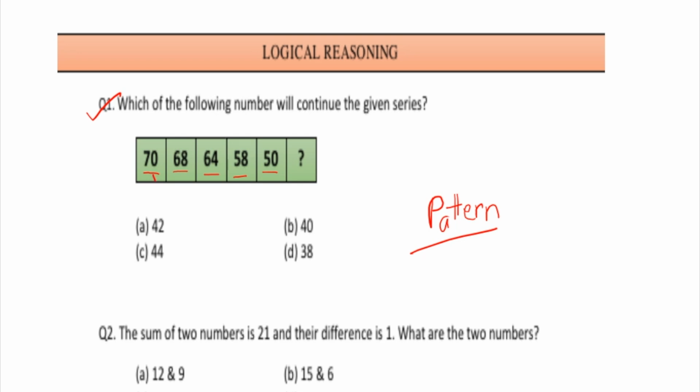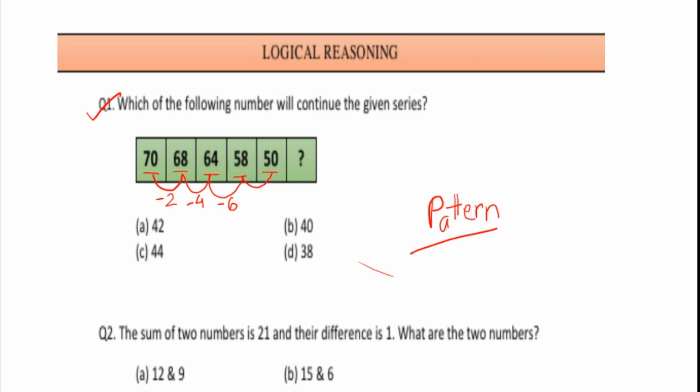As we see from 70 to 68, what is the difference, or how much greater is 70 than 68? If you subtract 2 from 70, you get 68. Similarly, from 68 to 64, the subtraction value is 4. From 64 to 58, the subtraction value is 6. 64 minus 58 gives us 6.